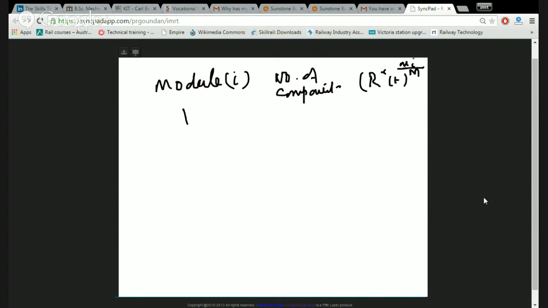The first module has got, let us say, 20 components. The second module has got 40. Sorry, the third module has got 20 components. Fourth module has got 20 components. Total is 100 components.